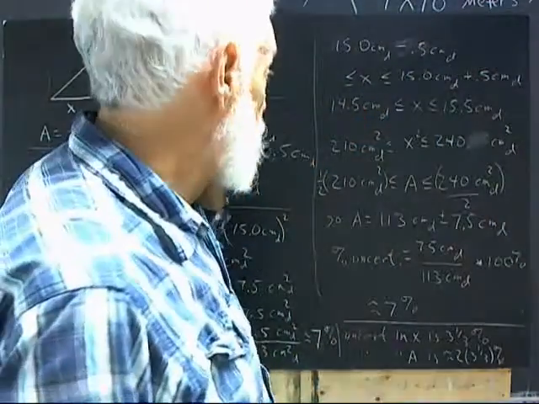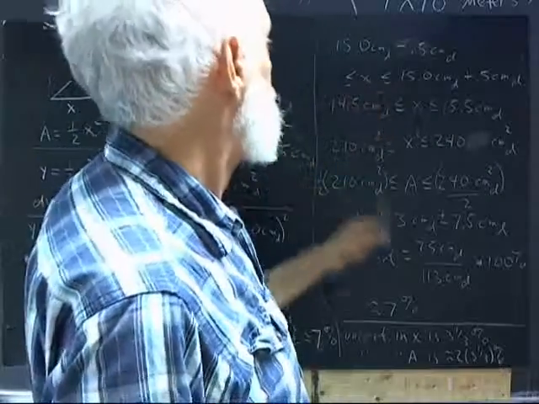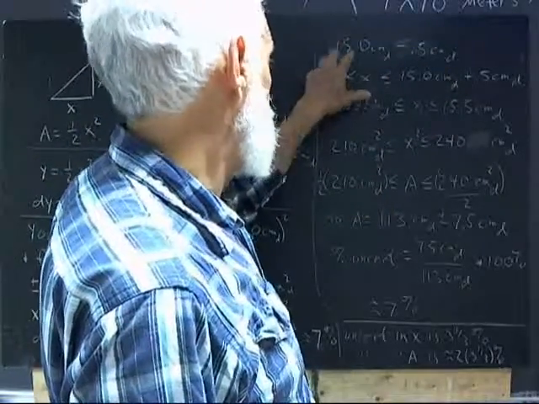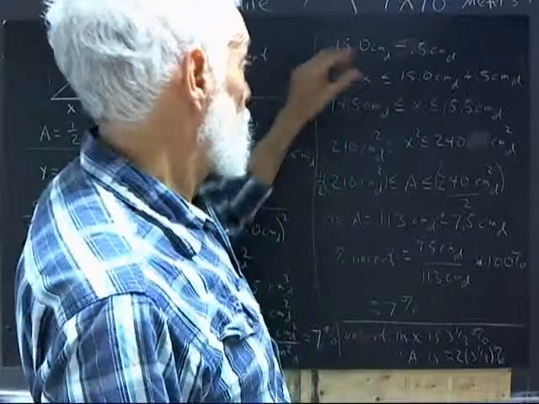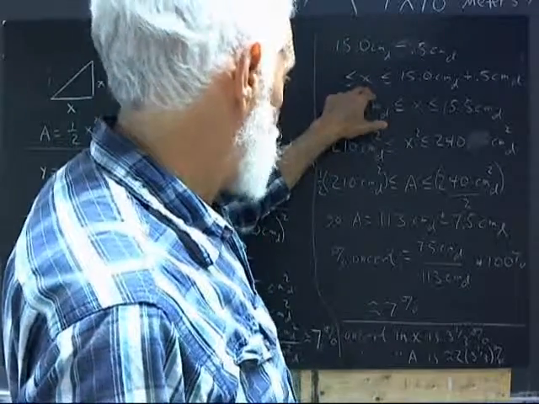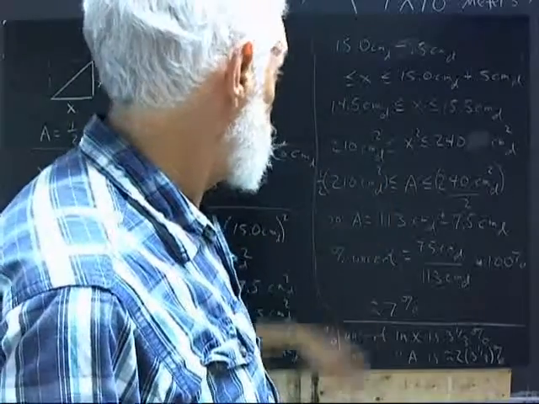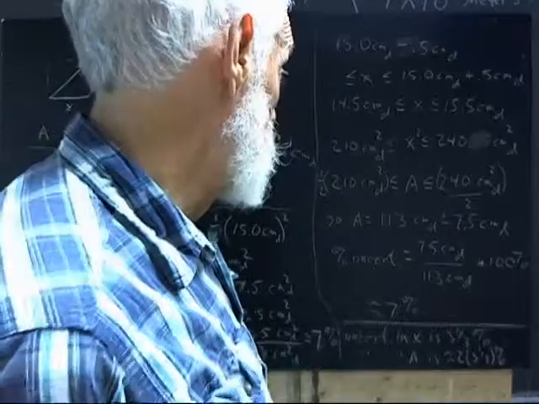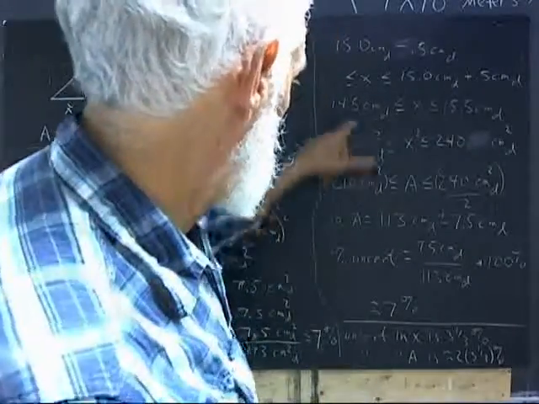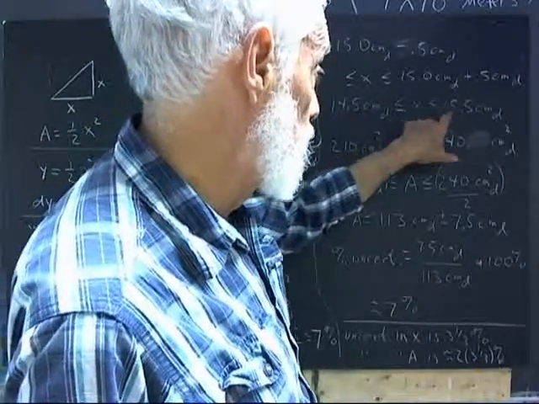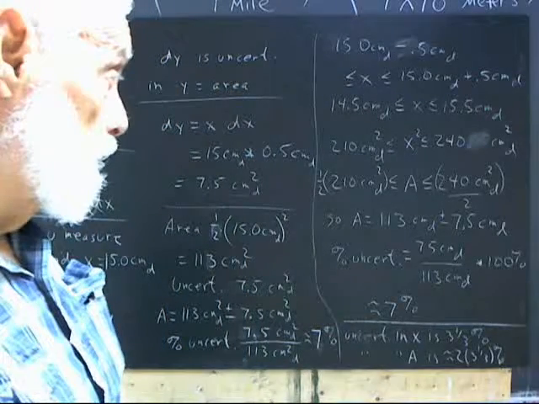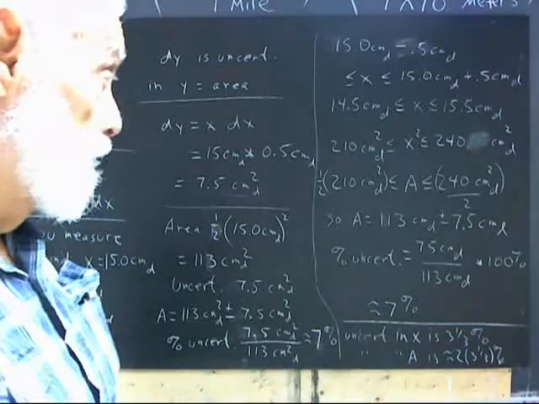This simply expresses the fact that x lies between 0.5 cm, your uncertainty, below 15 cm, your measurement, and 15 cm plus 0.5 cm. That can be written numerically: 14.5 cm less than or equal to x, less than or equal to 15.5 cm.